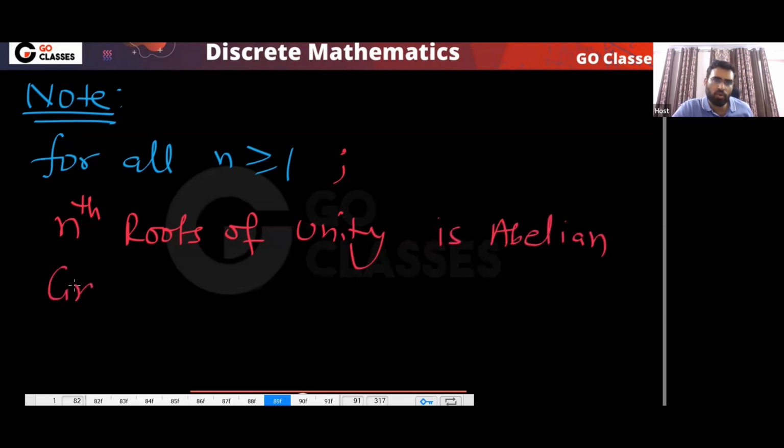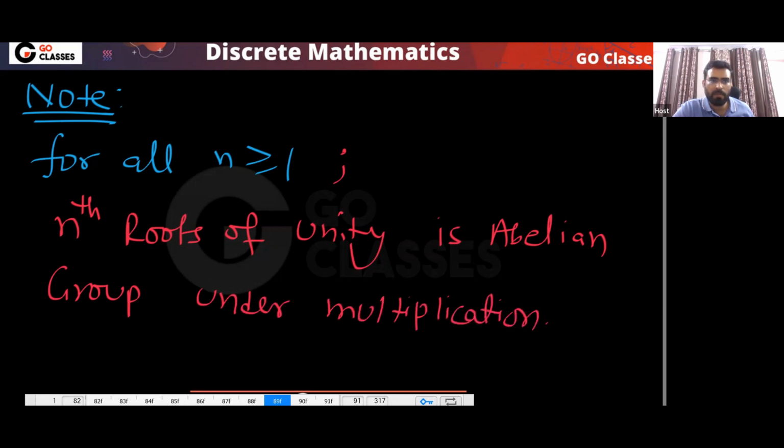Whatever n you take, the nth roots of unity form an abelian group under multiplication.